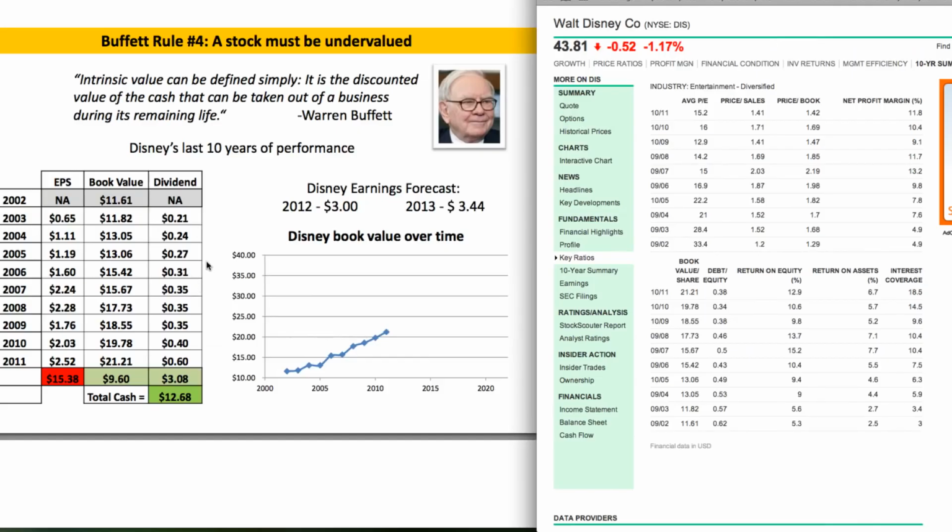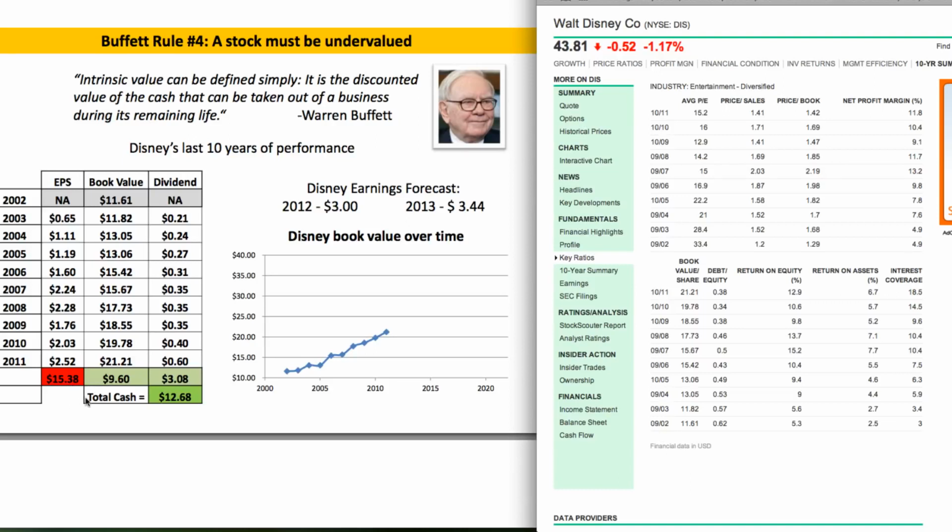Okay, so when we look at the EPS, if you remember, we had summed that up, and it came to $15.38 is how much earnings Disney made over the last 9 years. Okay, so from 2003 to 2011, their EPS totaled $15.38.